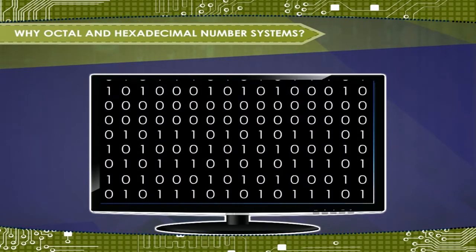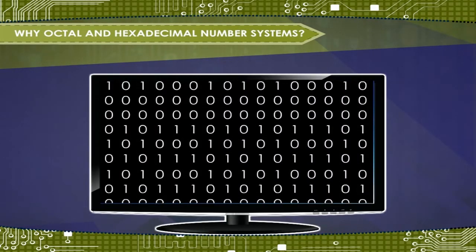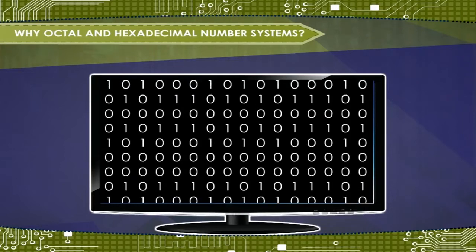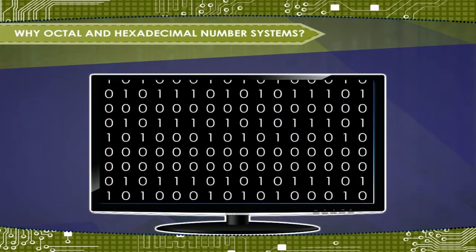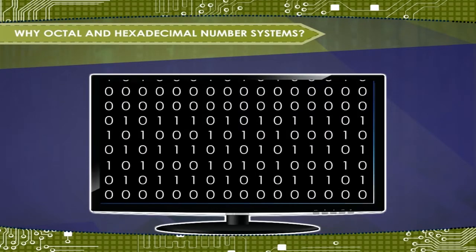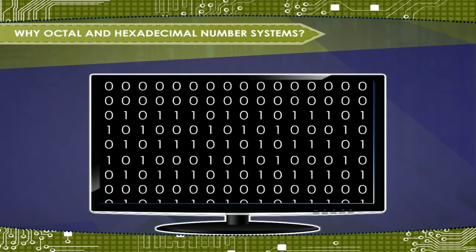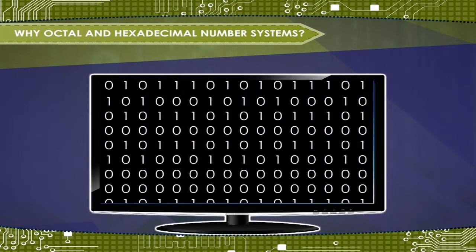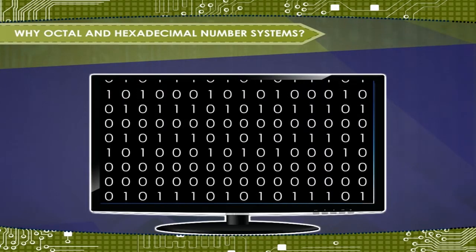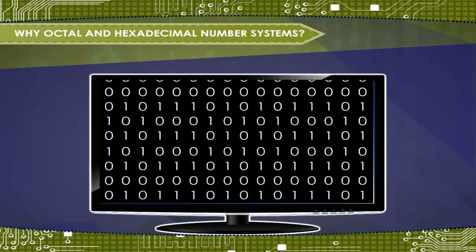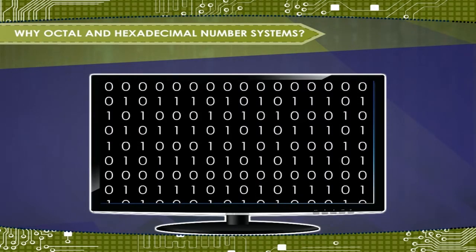But in practice, writing out a binary number such as 100 100 110 101 0001 is tedious and prone to errors. Therefore, binary quantities are written in a base 8 octal or, much more commonly, a base 16 hexadecimal or hex number format.